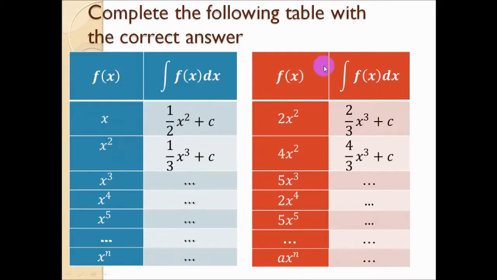And if we want the integral of f(x) dx, for example for 2x squared, we have 2 over 3 x power of 3. If we differentiate this function, 2 times 3 over 3 x power of 3 minus 1, we get 2x squared. So it is called the antiderivative.